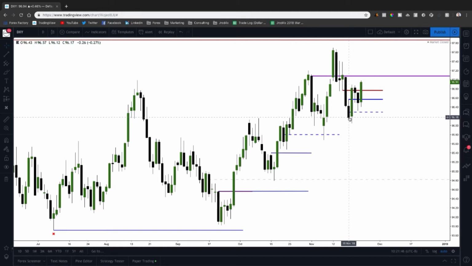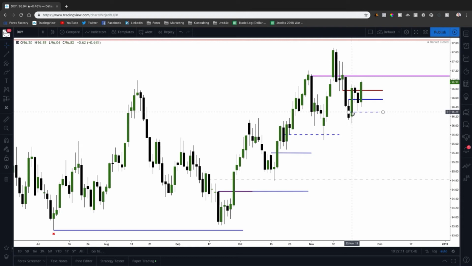If this is going to continue above 97.80, we should not see it come back below 96.15. This low here, anywhere from 96 big figure to 96.15. Preferably, we do not want to see a daily body candle close below this 50% level, which comes in at 96.30.